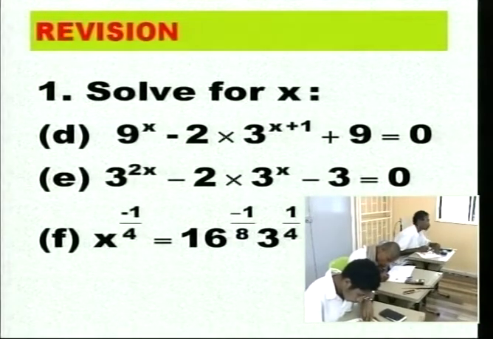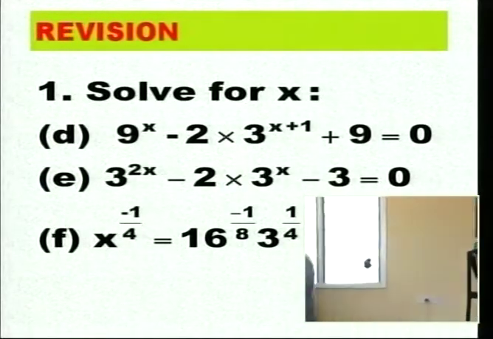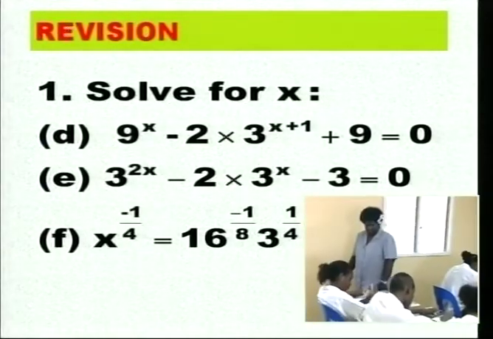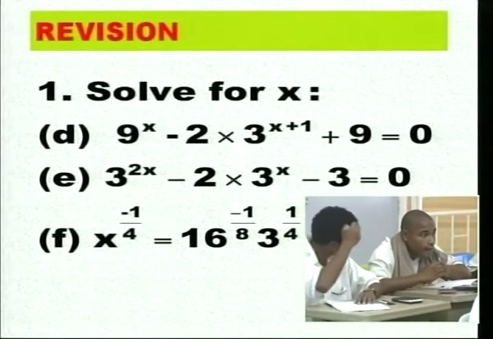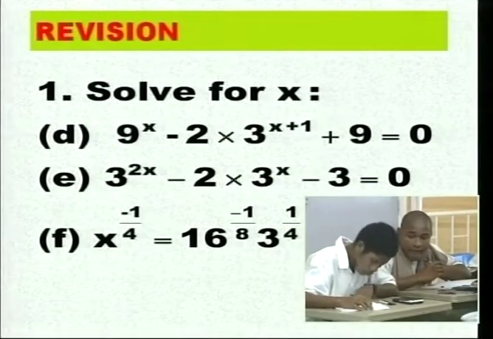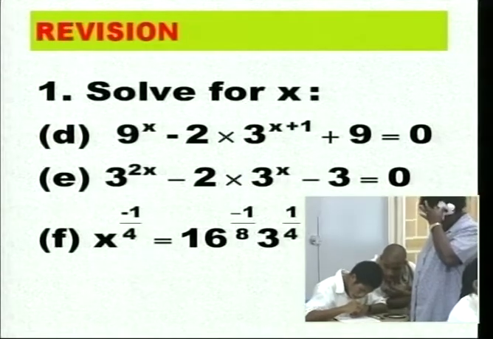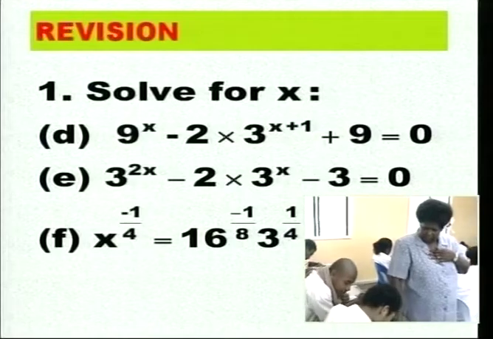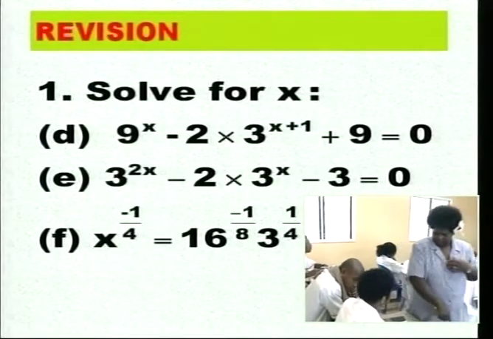Okay, this and this are their multiplication signs. You're supposed to write them to the same base, and then you'll have to let something be something else.